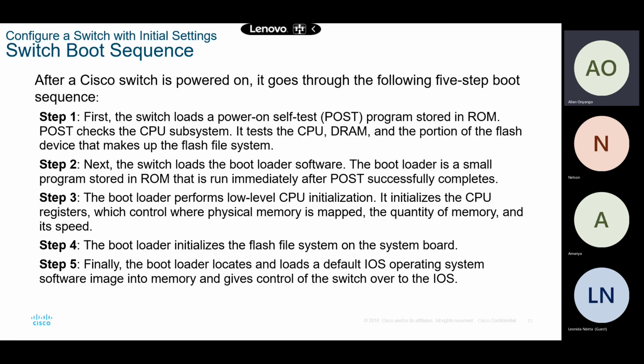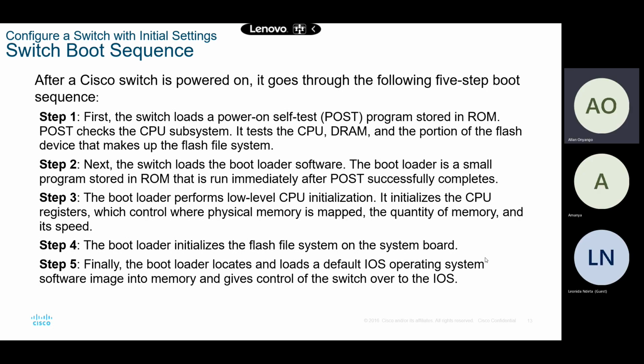So to start us off, we start by talking about what's called the boot sequence of a switch. When a Cisco switch is normally powered on, it must go through the following steps. Step number 1 is what's called the POST, the power on self-test. Okay, so the POST is actually a program normally stored within the ROM.